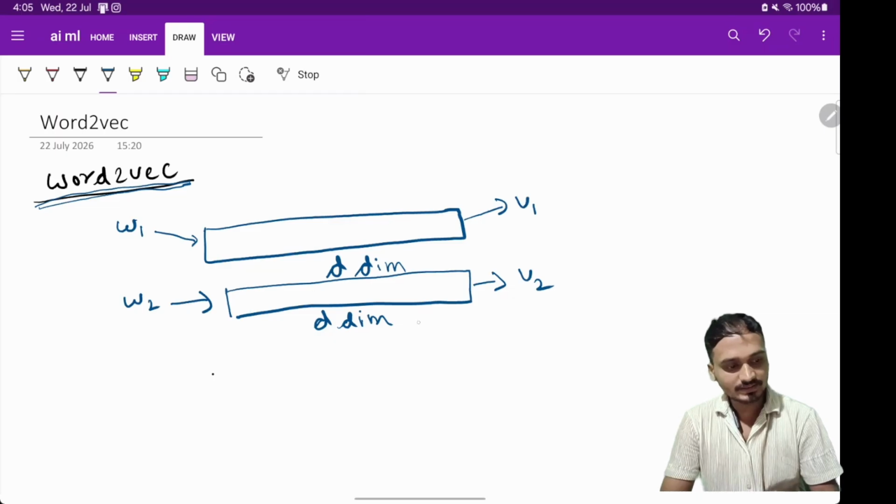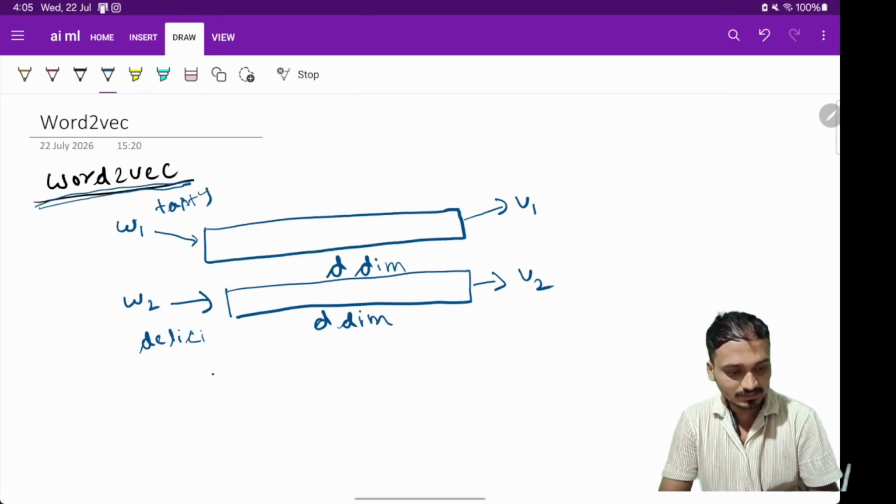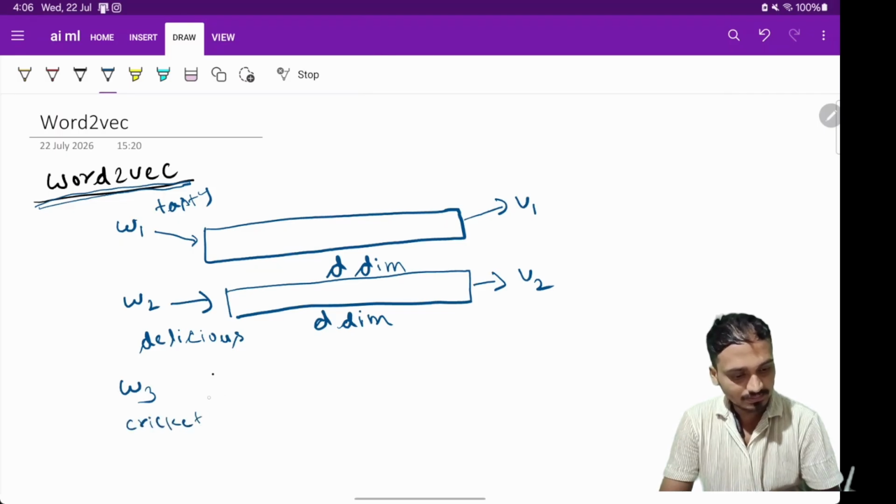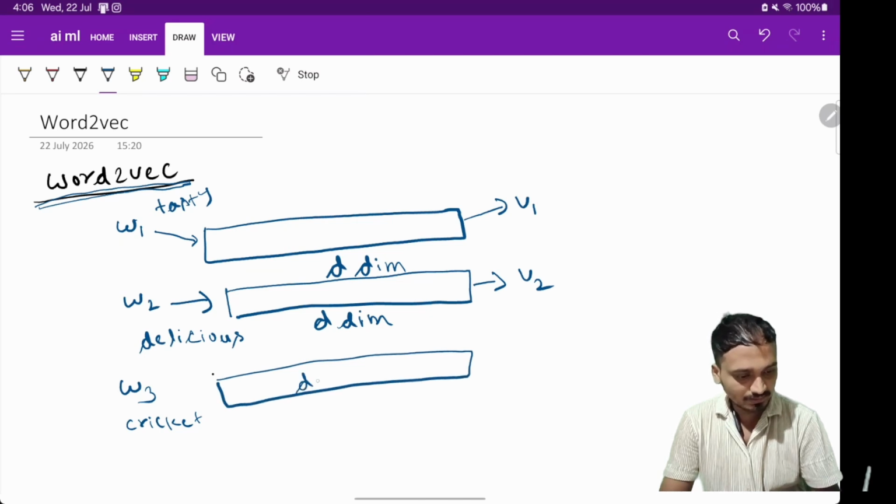Let's say W1 is the word tasty, and W2 is the word delicious. Let's say we have a third word W3, let's call it cricket. It is also in D dimension, and here we will have V3.